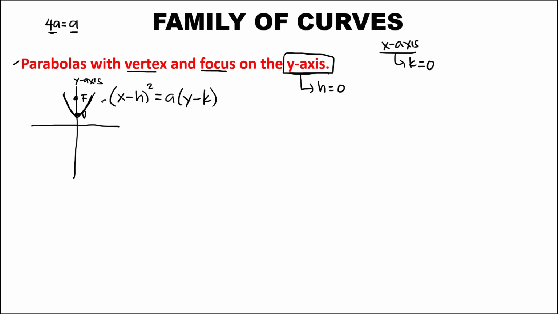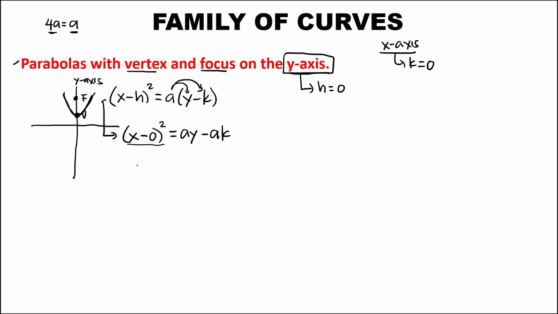So this standard equation becomes x minus 0, quantity to the power 2, equals a times y, minus a times k.